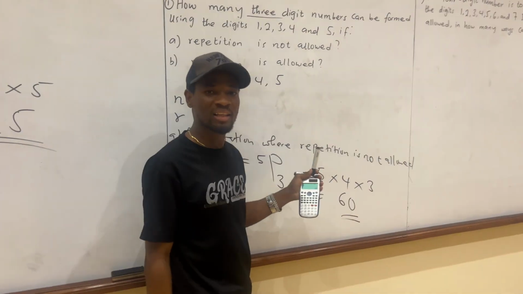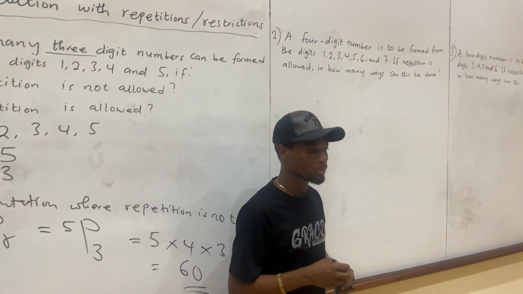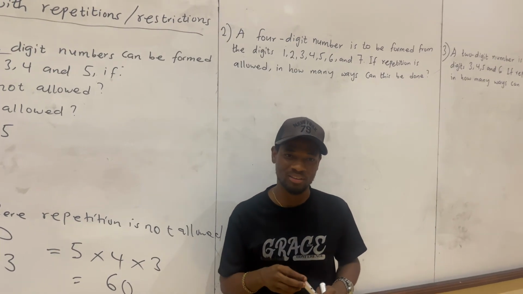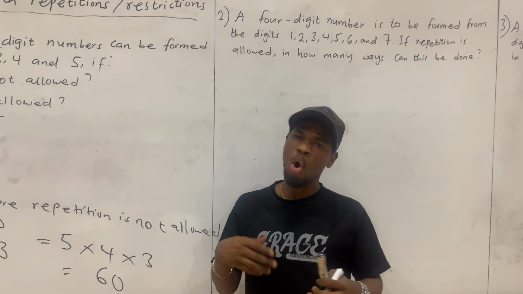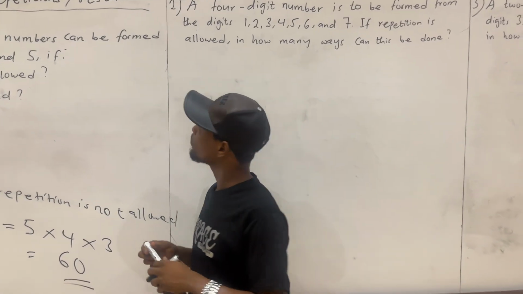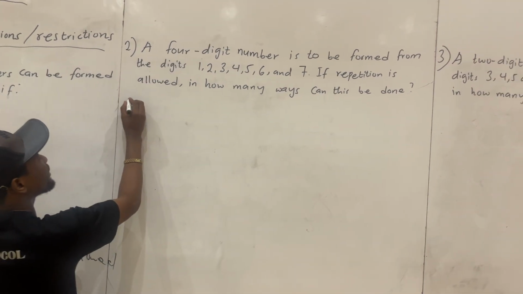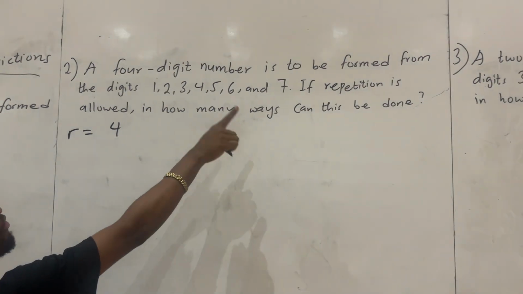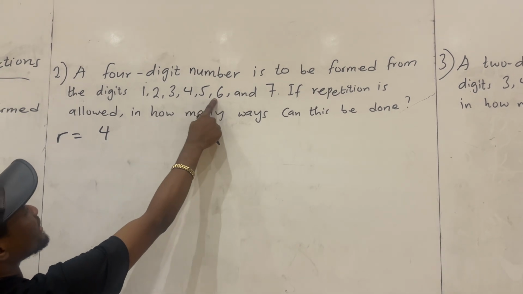Good. Viewers, let us appreciate the second question. Please listen to the voice of the question. Find out if the permutation is coming with repetitions or without repetition. So we have a 4-digit number, so straight away, r is equal to 4, to be formed from the digits 1, 2, 3, 4, 5, 6, 7.